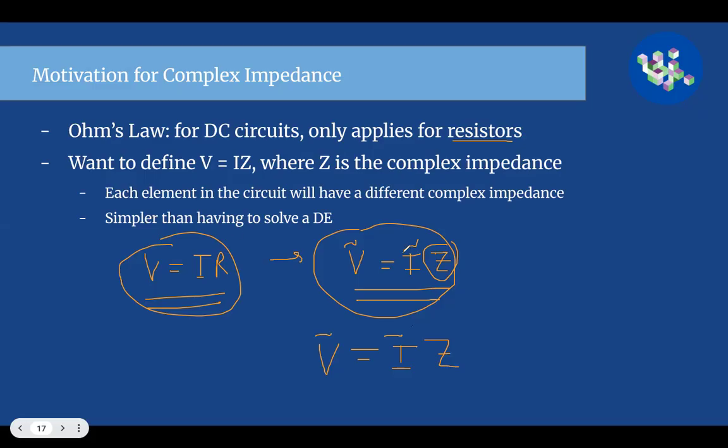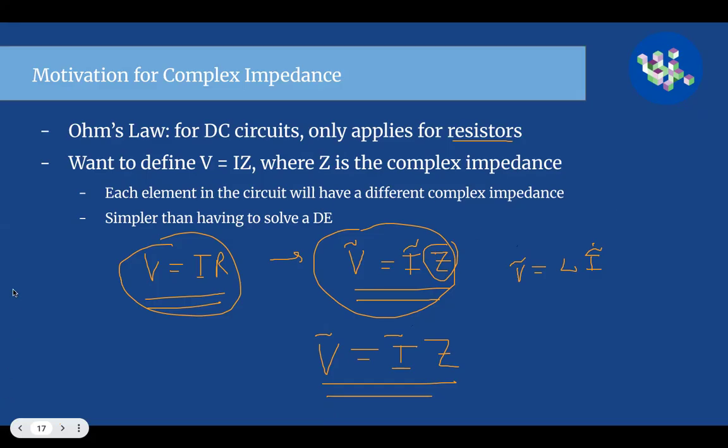And you'll find it's simpler than having to solve a differential equation, like saying, for an inductor, V equals L I dot in an AC case. If we define a complex impedance, it will be a lot easier to do some problems. So I said that each element in the circuit has its own different complex impedance.